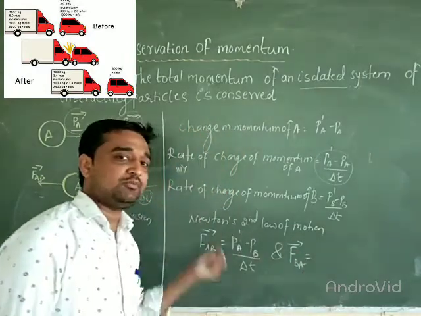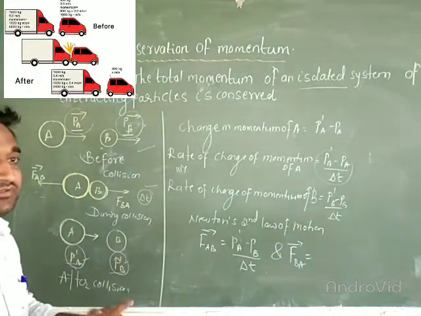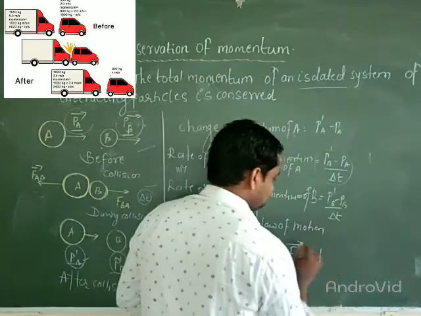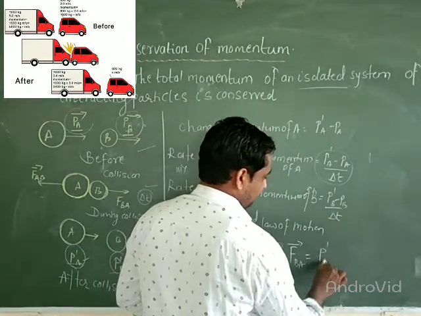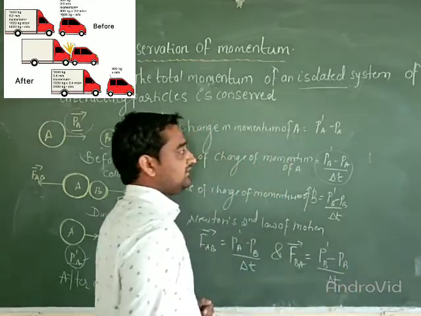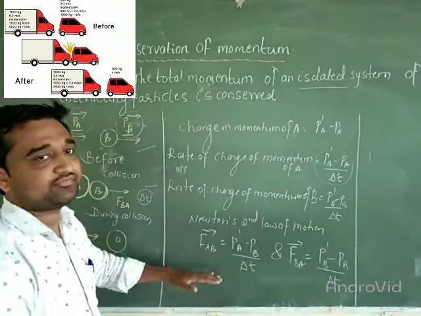The rate of change of momentum of body B depends upon the force acting on B by body A. Therefore, I can write here P dash B minus PB divided by delta t. Right? Now, this we have written according to Newton's second law of motion.